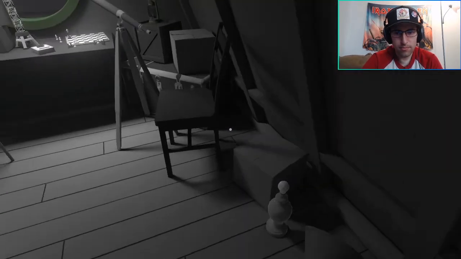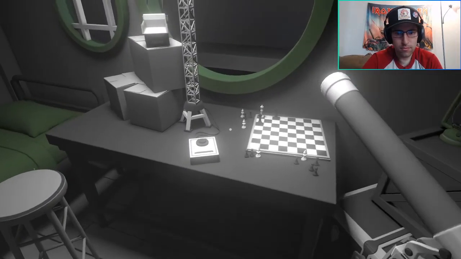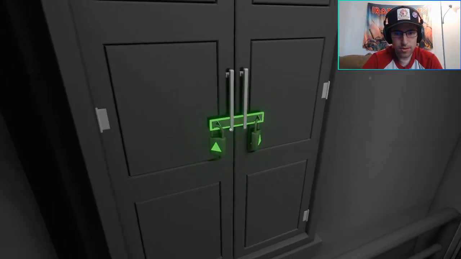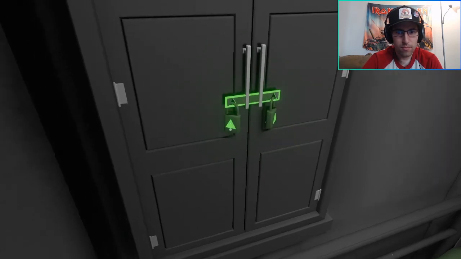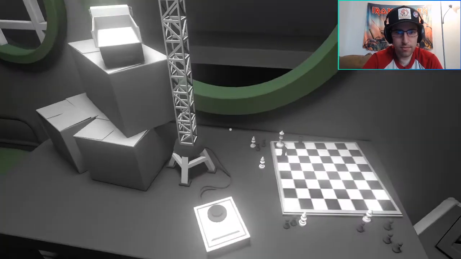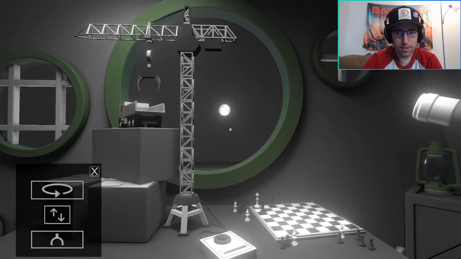Okay. Alright, so that's the lock. Which I can't seem to do anything with yet. I'm gonna push the button.